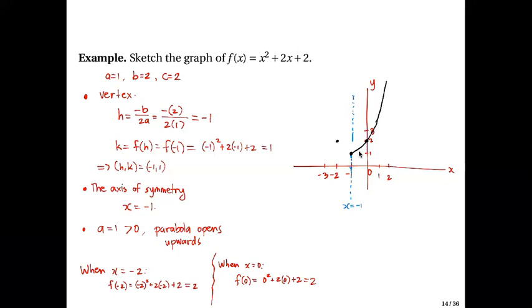This is the left side, and this is the right side. So this will be a sketch of the graph of the parabola. Okay, so this is your f of x equals x squared plus 2x plus 2.